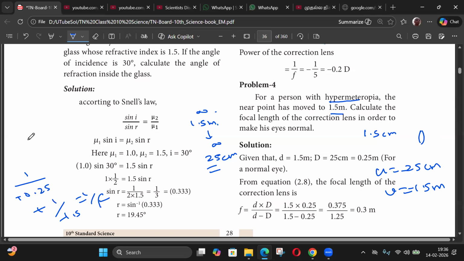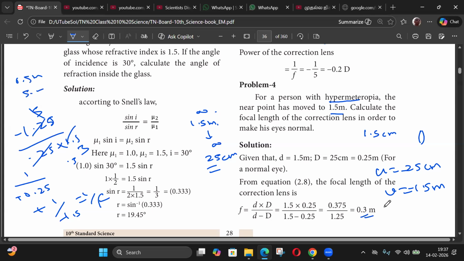So 1.5 minus 0.25 is 1.25, by 0.25 into 1.5. So this is 5 times, this is 3 times. 3 times is 0.5, so 1 by 0.5. So focal length is 0.5 meters, 50 centimeter.